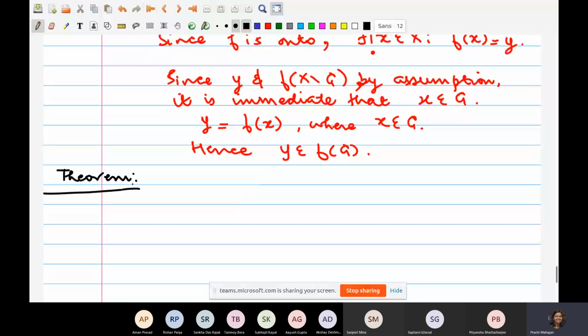Let f be a continuous function. Here X is a metric space and R is the real line, and unless otherwise stated, we consider the real line with the Euclidean metric. So suppose that this is a continuous function.